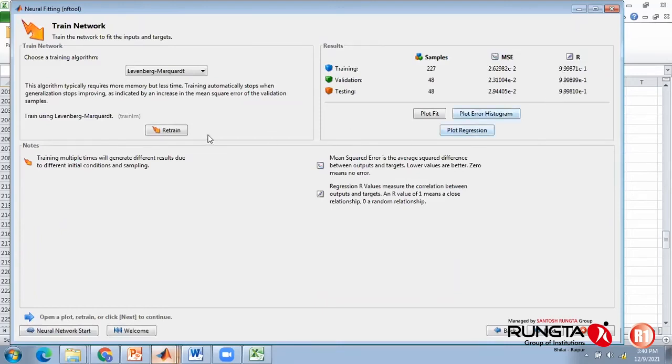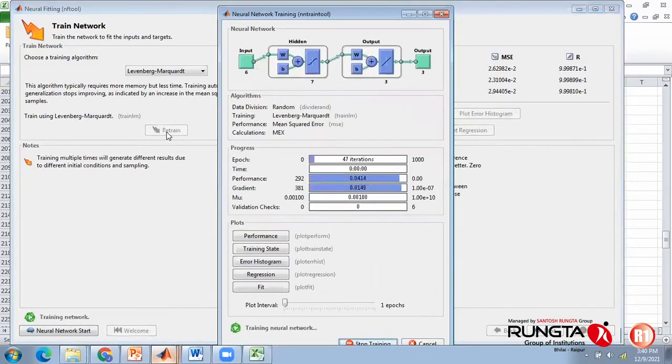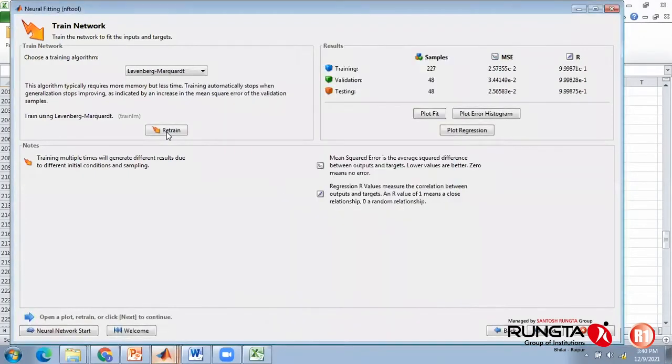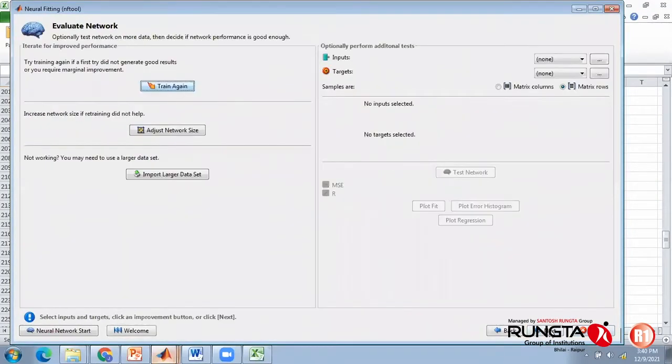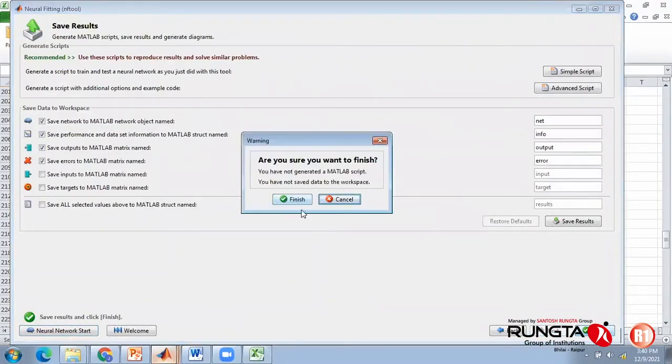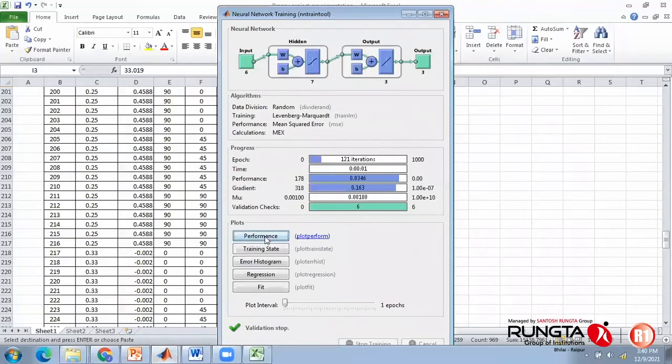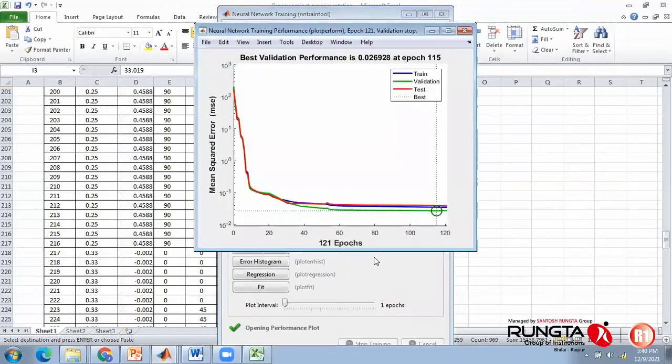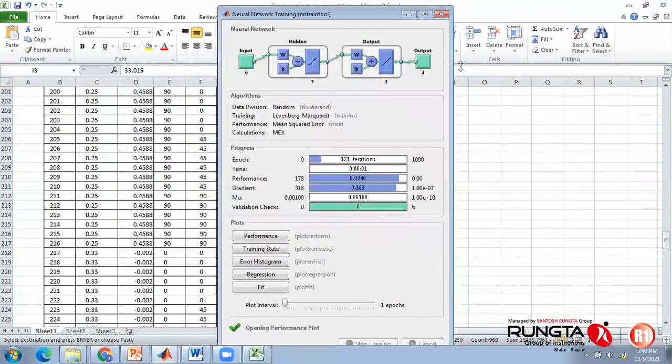Already getting very good results. Going for next, and finish it. So in this case, performance is pretty good, 0.0269. Error is on a very low side.